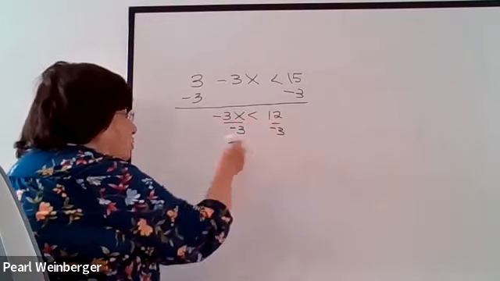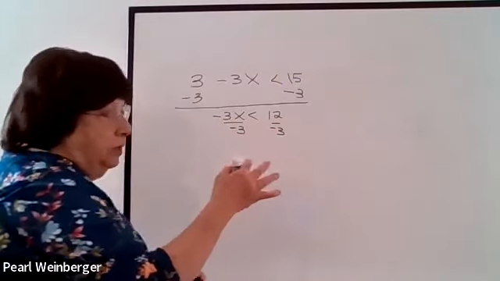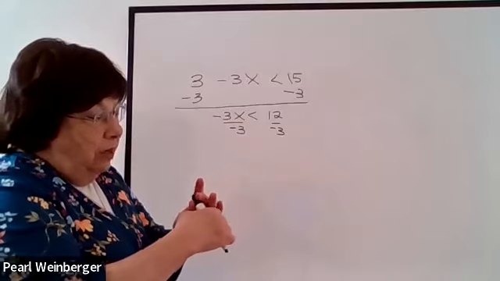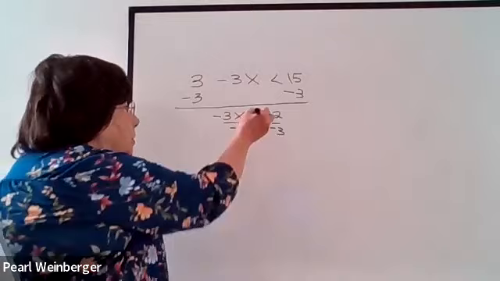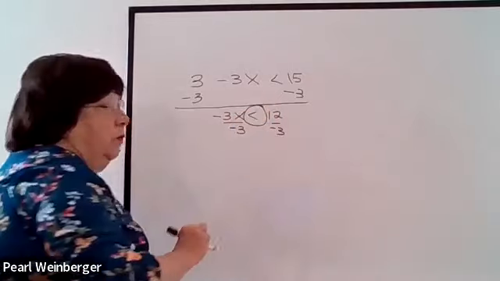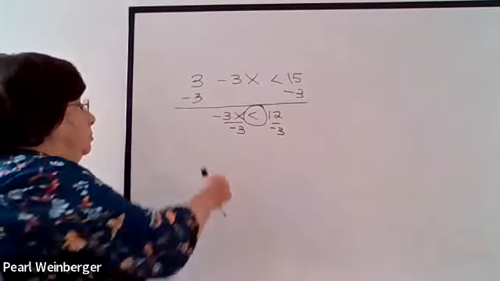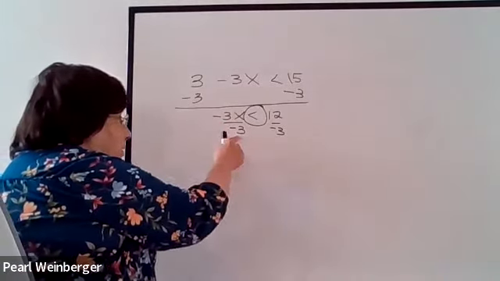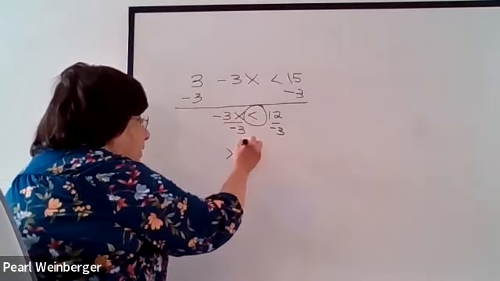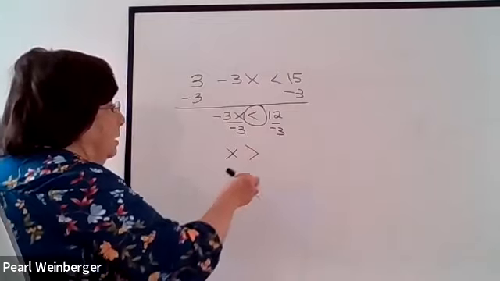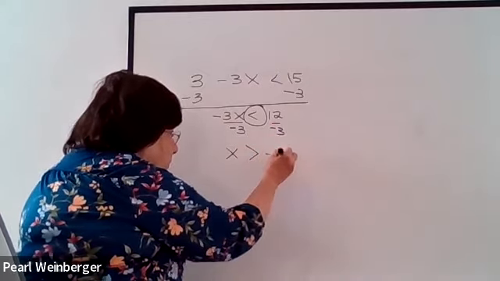Now, don't forget, here's where you have to be careful. If you end up dividing, or sometimes multiplying, but mostly what we're doing is dividing, if you're dividing by a negative number, the sense of your inequality, the direction of your inequality, has to switch. So the negative 3x divided by negative 3 gives us just the x. The less than becomes a greater than sign. And the 12 divided by negative 3 is negative 4.